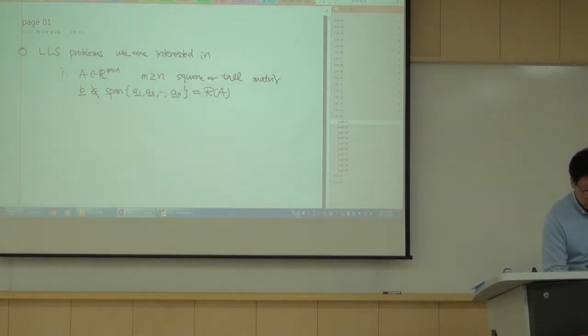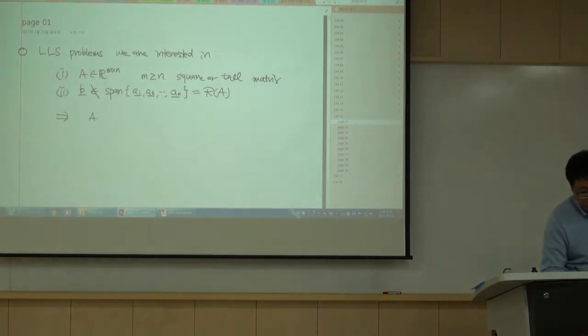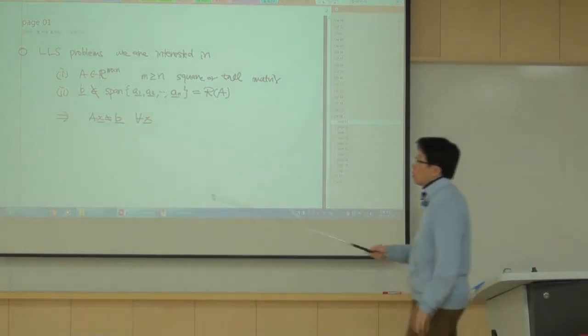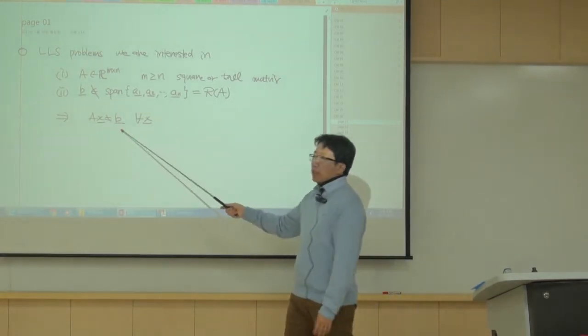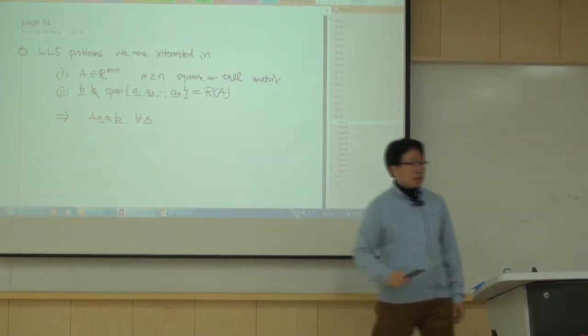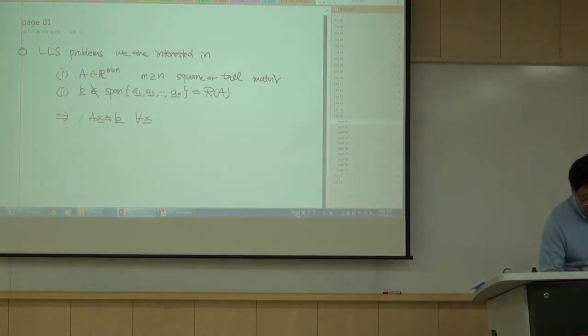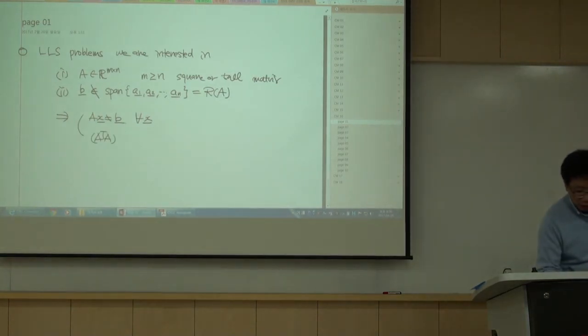These two conditions. This means for any x, Ax cannot be b. But this also implies A transpose A is invertible.